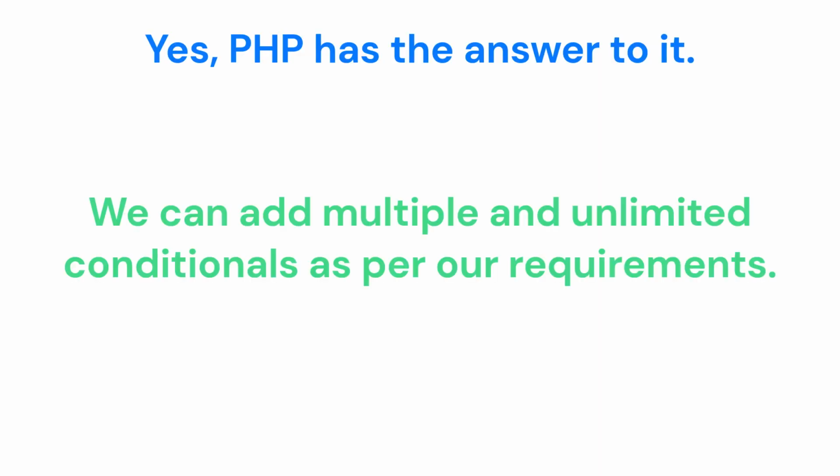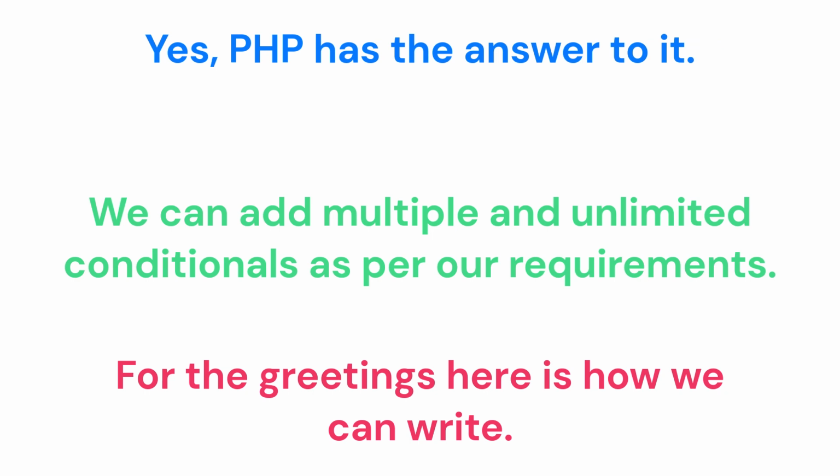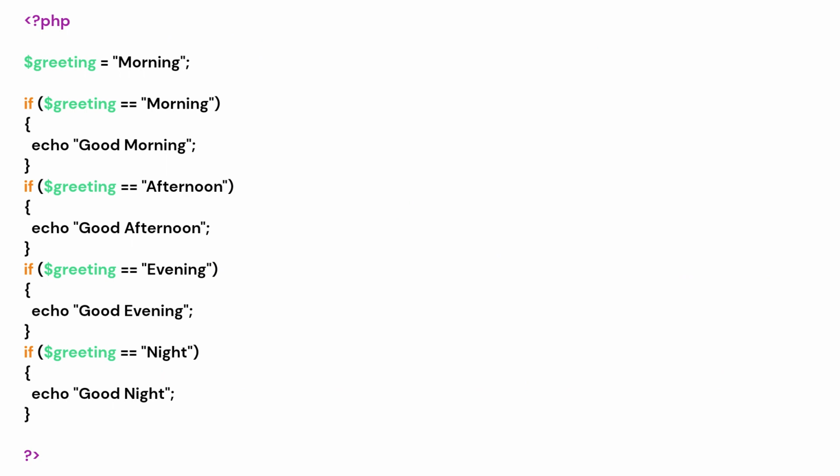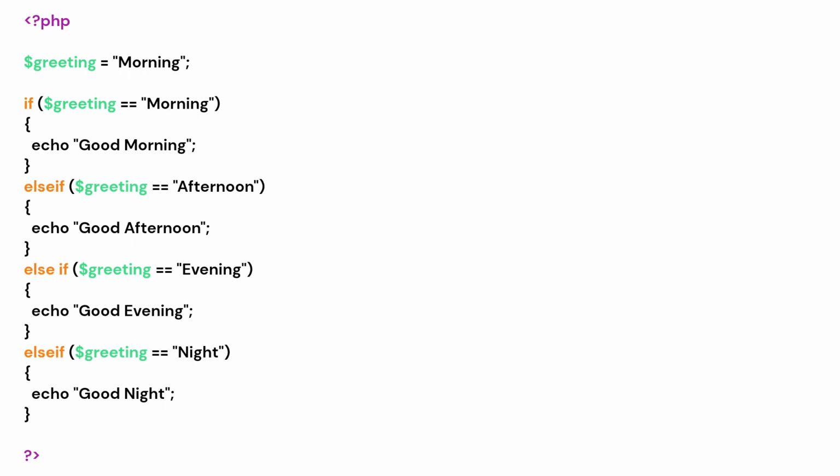We can add multiple and unlimited conditionals as per our requirements. For the greetings, here is how we can write. Instead of writing if several times, we can express it using else if.